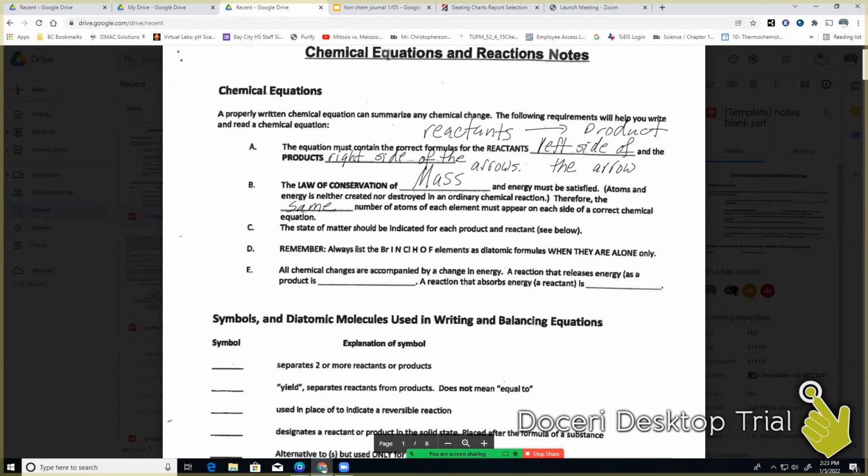We'll talk a little bit about energy in chemistry. That probably is covered a lot more in physics. So when you balance, you have to make sure you have the same number of atoms on each side. That's what we're doing in balancing an equation. And if you do that, the mass of your reactants should be equal to the mass of your products also.